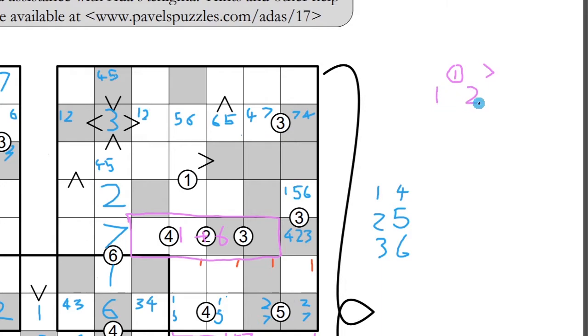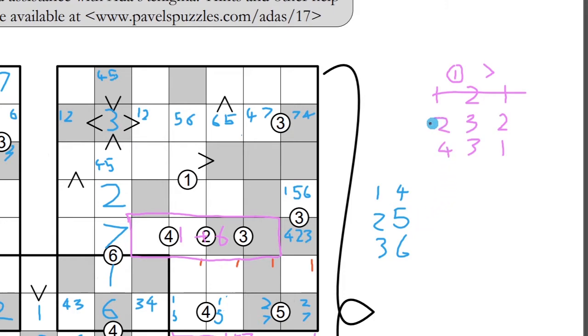So we have 1, 2, 1, which doesn't work because then a 1 would have to go there. Let's do the middle number first. So 3. The middle number can't be a 1 as well. 3, something smaller than 3, a 2 or a 1. Then we also have a distance of 1 here, so that could be a 2 or a 4.